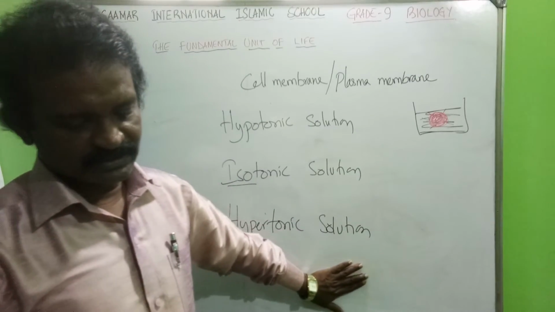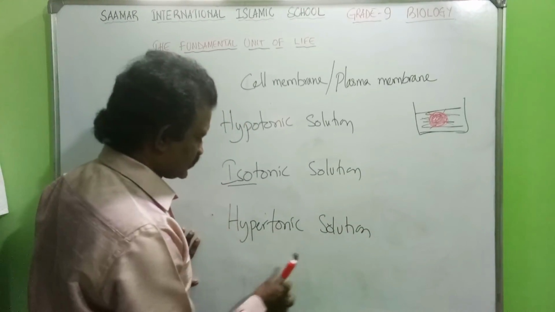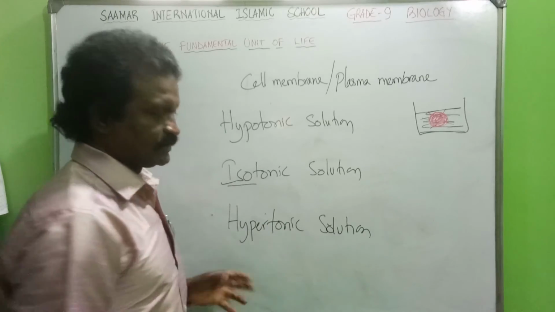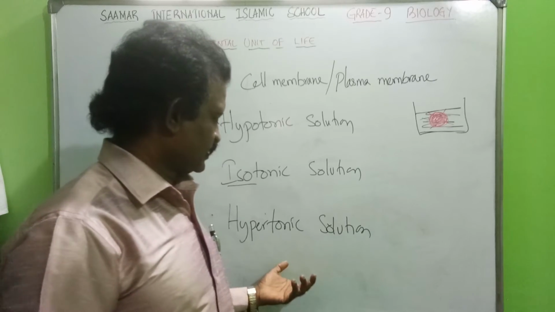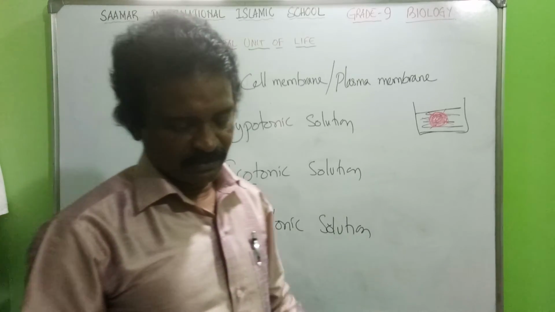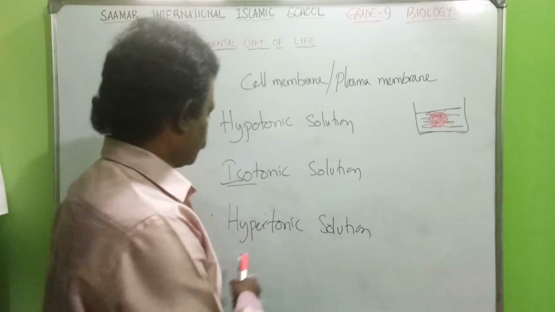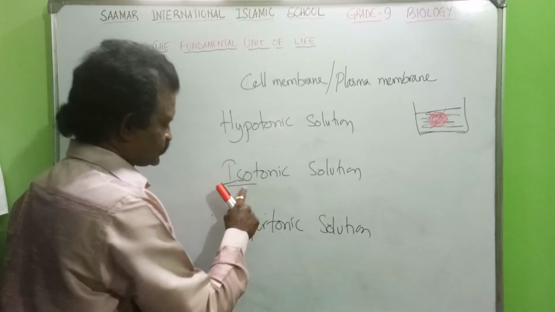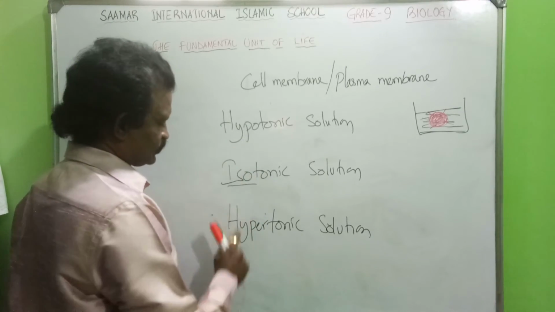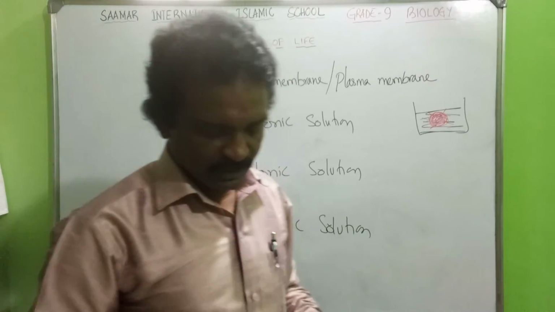So lower concentration of water than the cell. That means the solution inside the cell, the concentration is very less. So this gives the difference between hypotonic, isotonic, and hypertonic. Is it clear now? Now I made it clear.